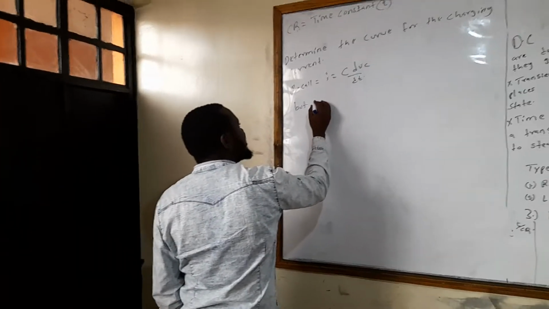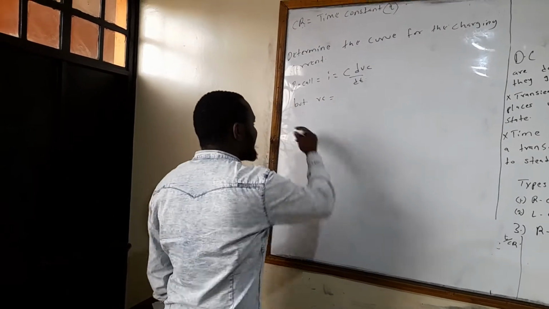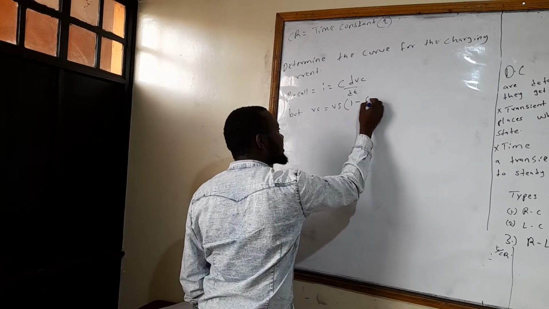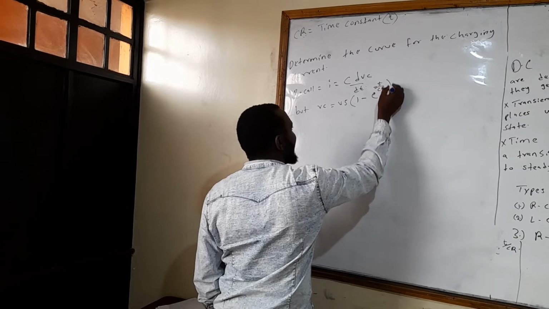But Vc is equal to Vs, open the bracket, 1 minus e power negative T divided by Cr.